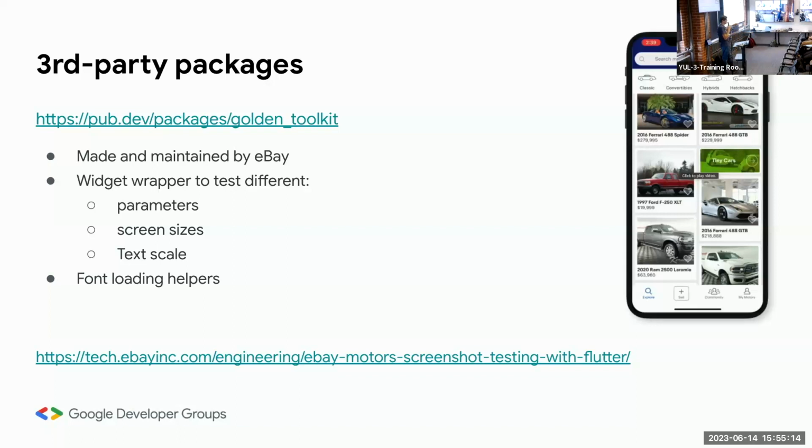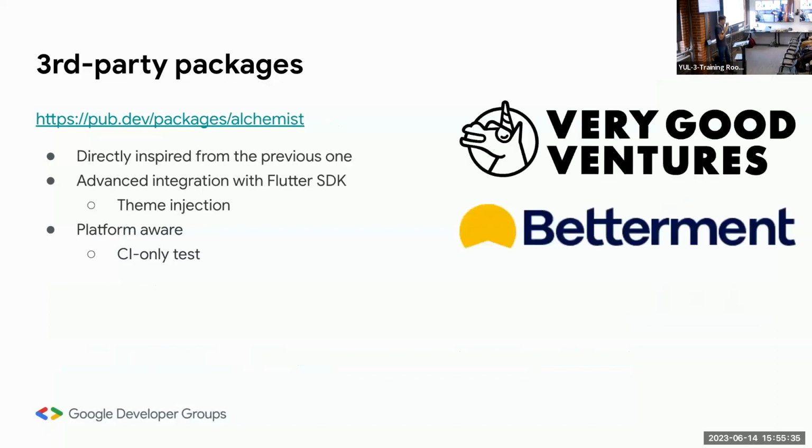It comes with the concept of scenario. So it's a widget wrapper that instantiates your widget in all different configurations of different sets of parameters or screen sizes or scales. So in the unique image, you see all the form variants your widget can have. Pretty convenient. More recently, there is Alchemist.